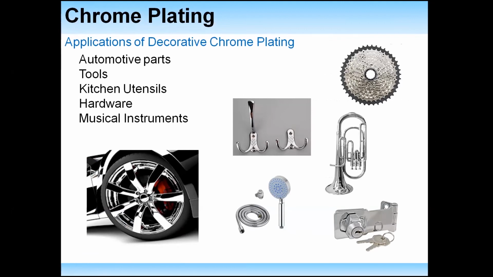Like when you go to buy taps and plumbing hardware, they call it CP. CP stands for chrome plating. So these are all very bright chrome plated items like what you see here in this particular picture.